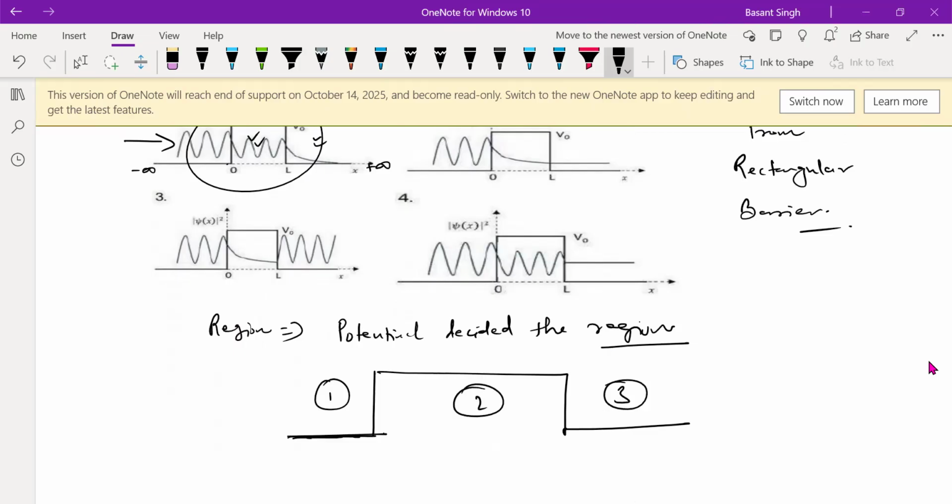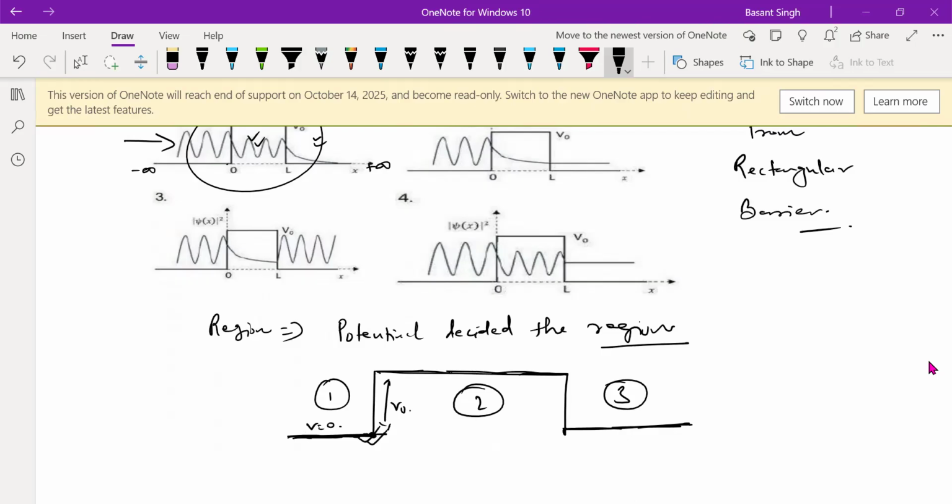This part of the graph, the horizontal part of the graph, decides the region, because here the potential is 0, and after this point the potential is V0.